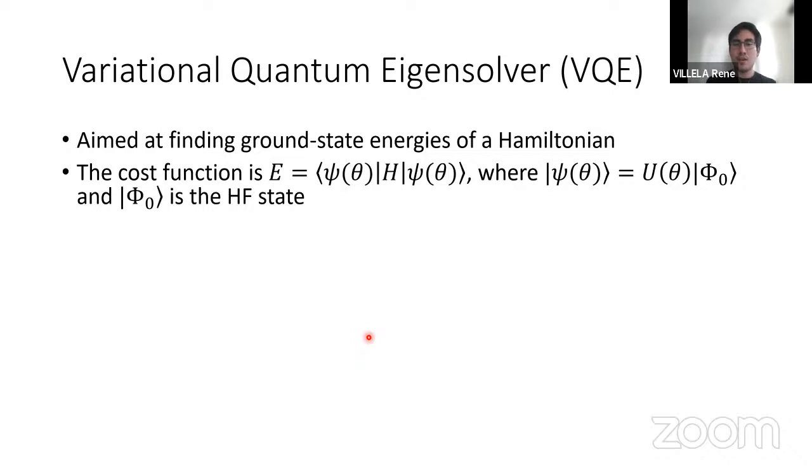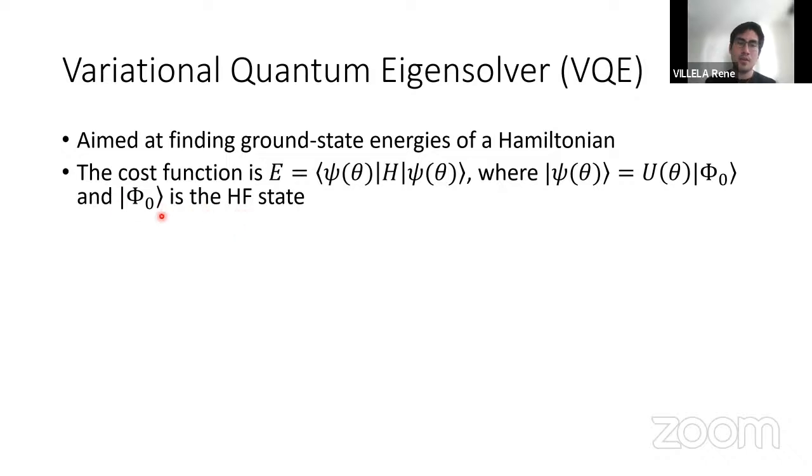And in this case, our cost function is directly the ground state energy of the system, which is defined by this expectation value of the Hamiltonian, where the wave function is given in terms of the unitary gates parameterized by the parameters theta. And the initial state is the Fermi vacuum, which is nothing but the Hartree-Fock state itself.